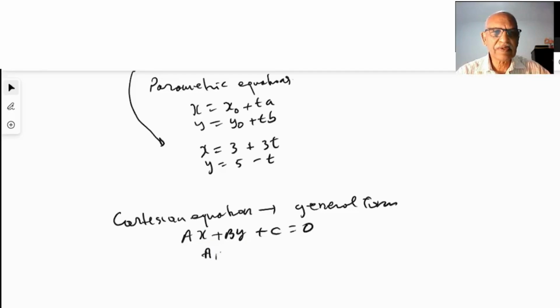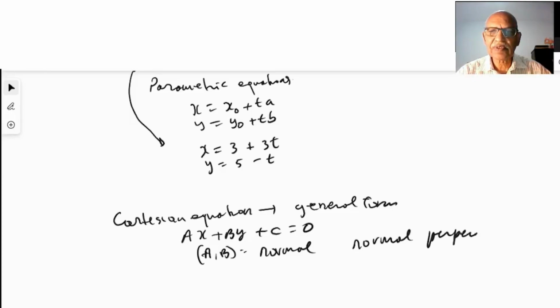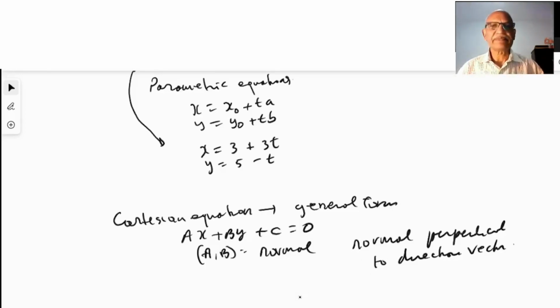The normal is perpendicular to the direction vector. So the normal and the direction vector are perpendicular, and the dot product is 0.